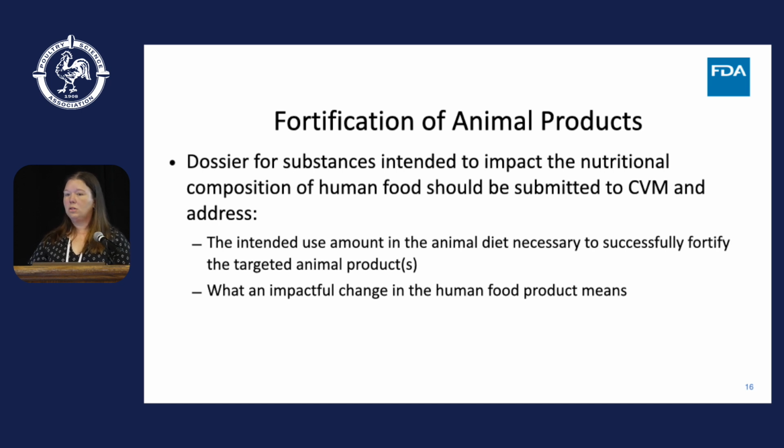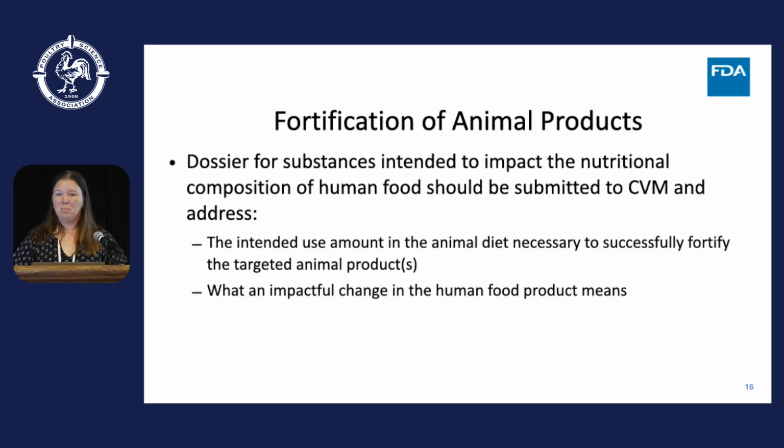And so you should describe in your dossier how you are determining that it's having that impactful change to the human. While it will in some ways impact the intended use, it also helps to support a favorable approval from FDA for use of this substance in animal food.